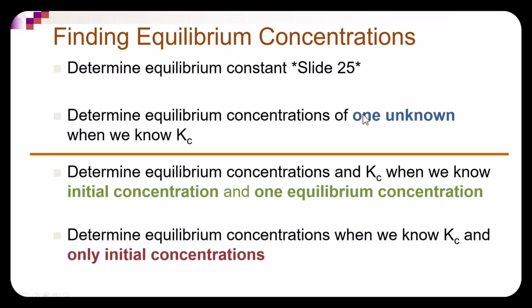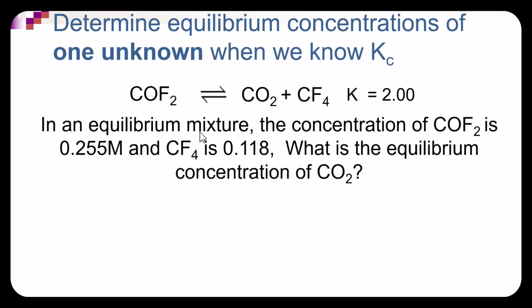We're going to determine equilibrium concentration of one unknown if we know Kc. Let's just dive into an example and see what this looks like. Here's our equation. COF2 will react to form carbon dioxide and CF4. We know the equilibrium constant for this equation, and it's 2. That's a very common thing. These equilibrium constants are in fact constant.